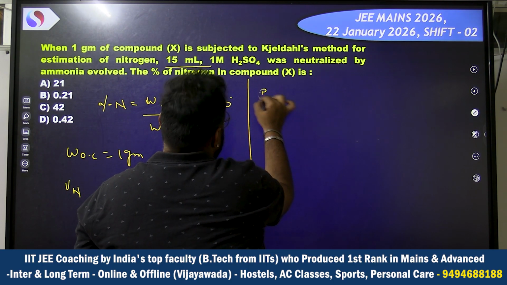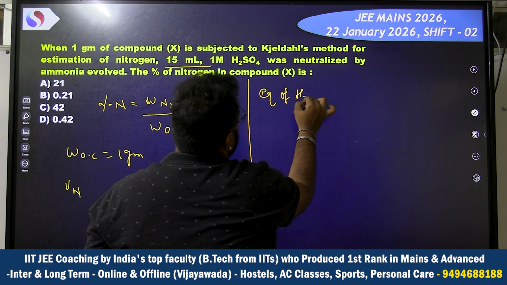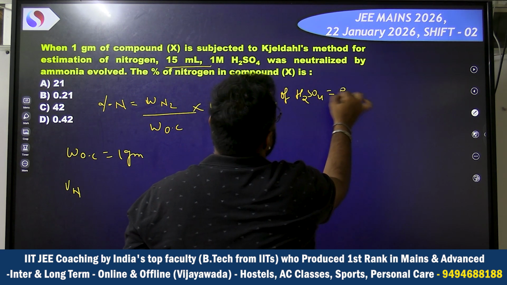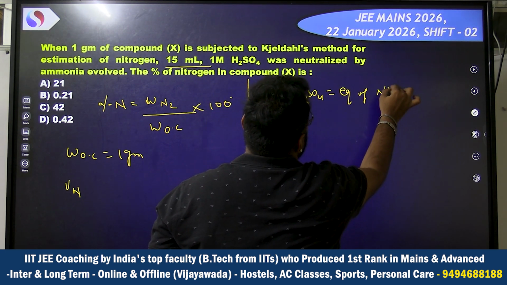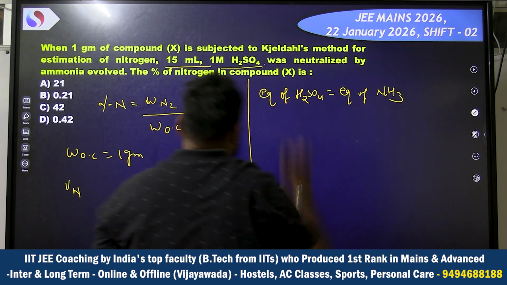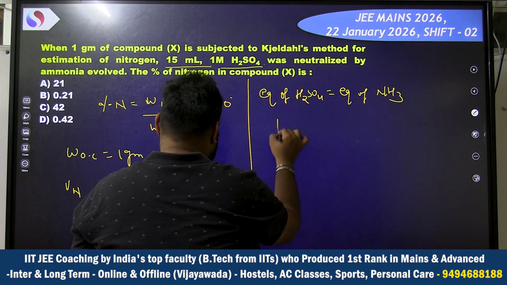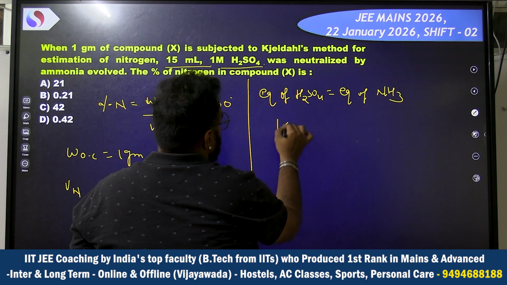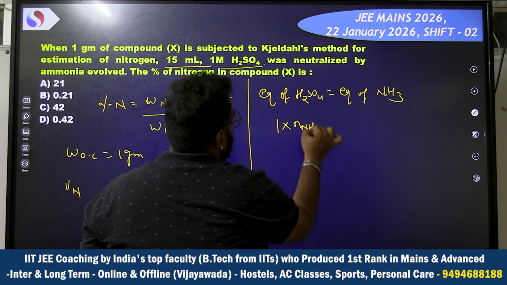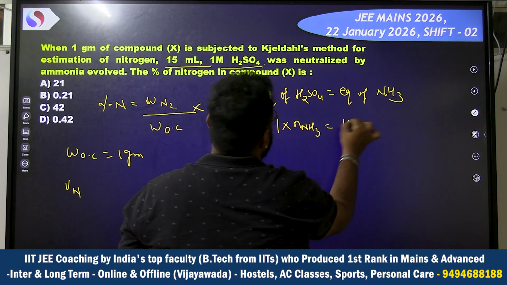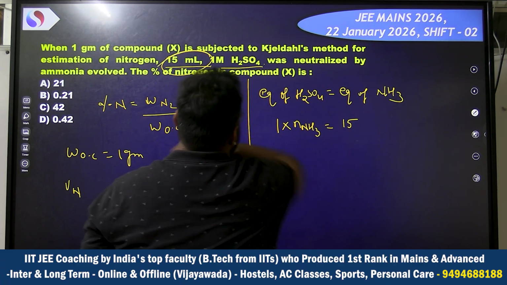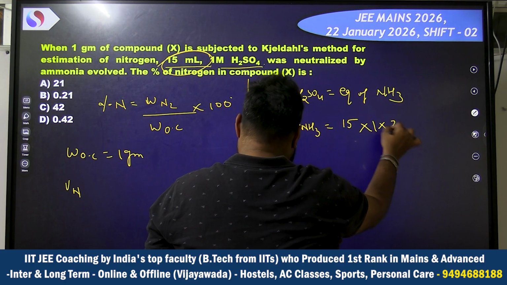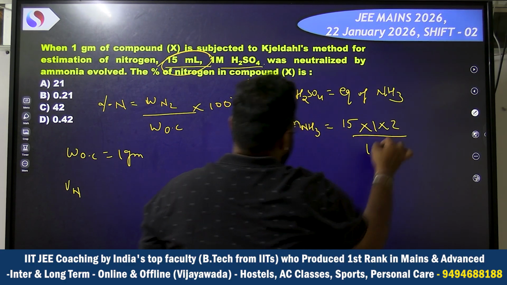So how will we solve this question? Equivalents of H2SO4 should equal equivalents of ammonia. Titration is happening, so 15 ml will be used. 1 into moles of ammonia equals 15 into 1 into 2 by 1000.